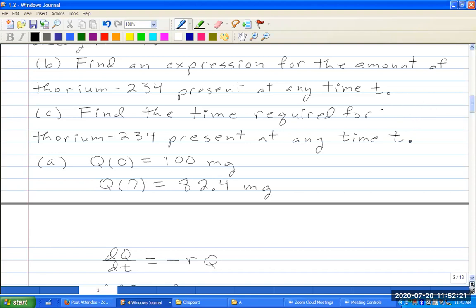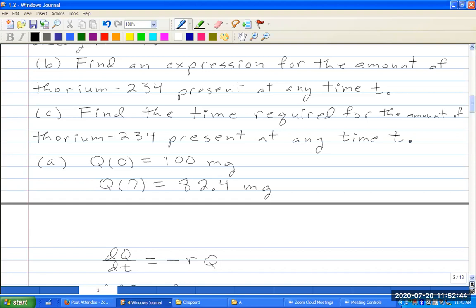There it is. Now that makes sense. C, find the time required for the amount of thorium-234 present at any time T. Okay, so good. So let me do that.